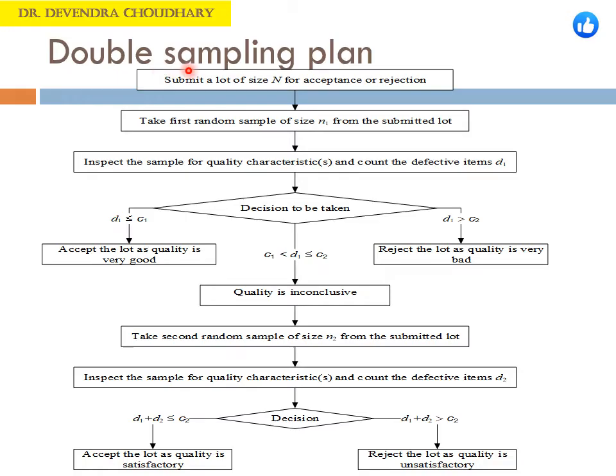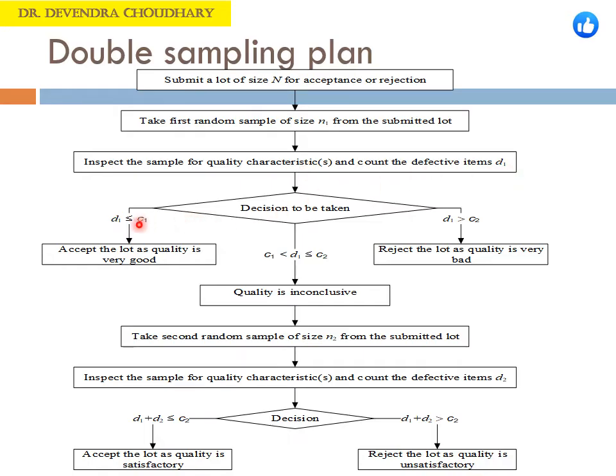You can take 1 sample, and if need arises, you can take 2 samples. So the decision is based on maximum 2 samples. So here a lot of size N is submitted, from which we take a random sample of size n1. We inspect it thoroughly and count the number of defectives.